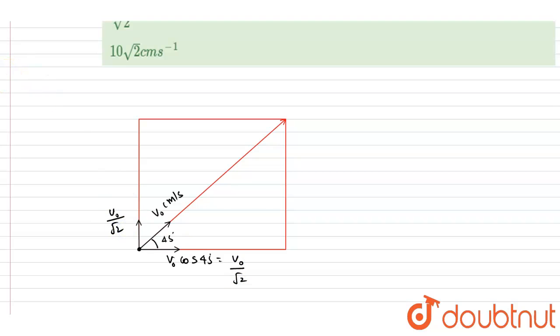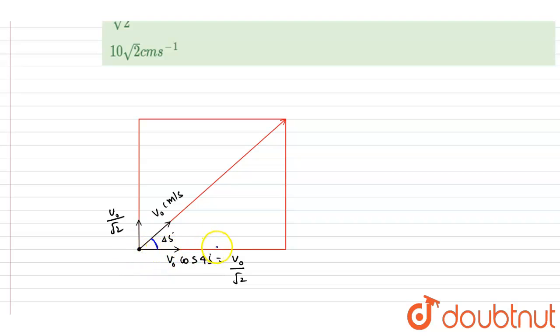Now understand the concept here. If I talk about the image speed, the image speed will also have two components, one perpendicular to the mirror and another along the mirror.